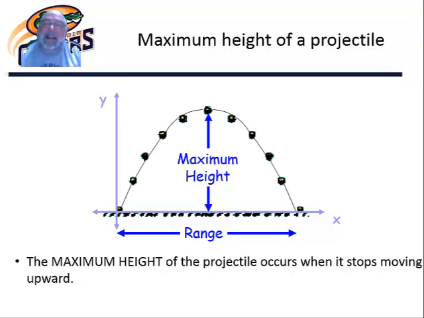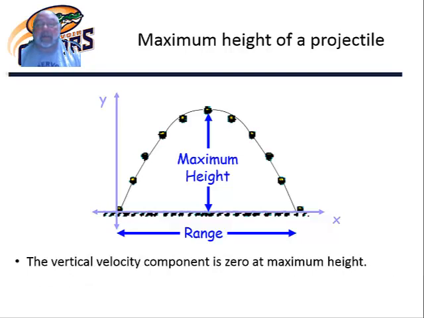Okay, and at the top, when it reaches its maximum height, remember that it stops moving in the vertical direction for an instant. Notice, in the horizontal direction, the motion remains constant. So only the y component of the velocity goes to 0 at the tippy top.